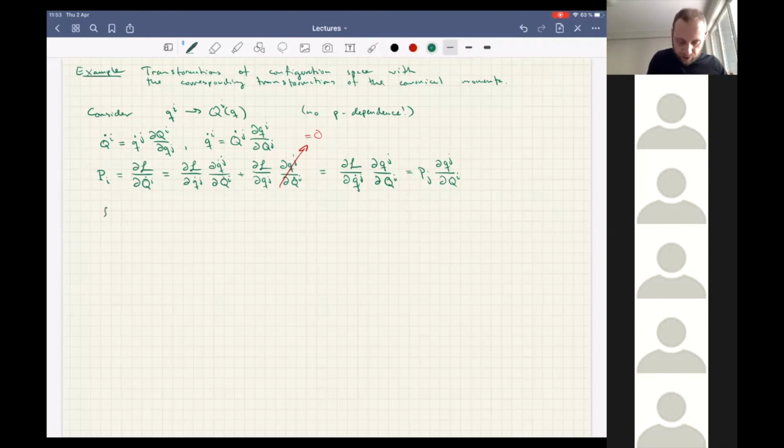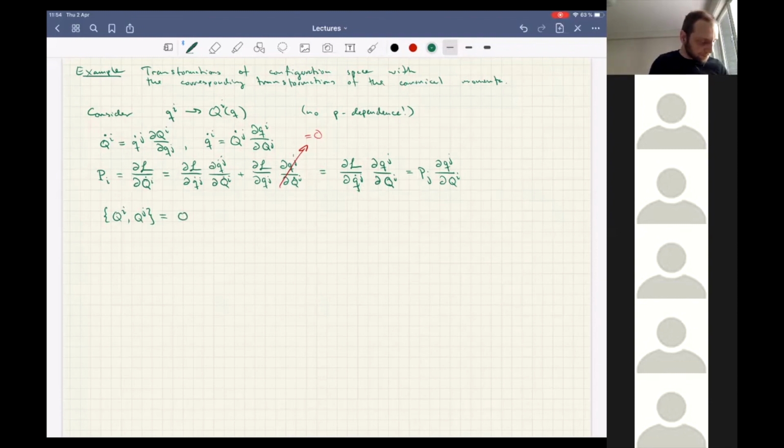If we look, for example, at the Poisson commutator between capital Q i and capital Q j, both of these capital Q's depend only on the lowercase q's. So when we take the Poisson commutator, we don't have p's anywhere, and since each term of the Poisson commutator contains derivatives with respect to p, this has to be 0.